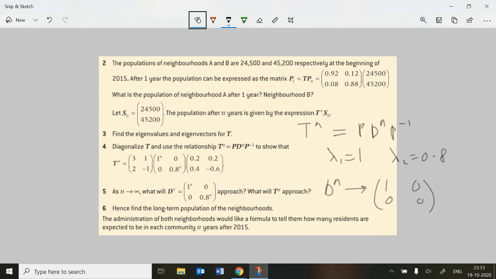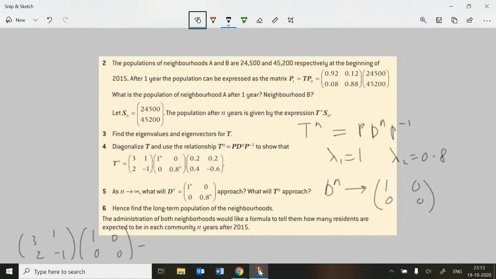Right, so finally, you can now put this into here. We're getting now 3, 1, 2, minus 1, applying to 1, 0, 0, 1. And then we can apply that to this.